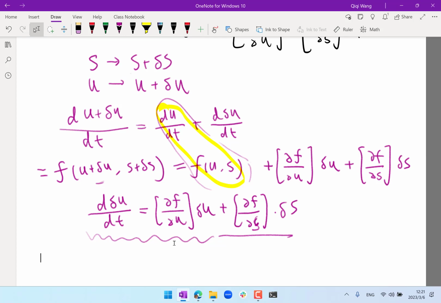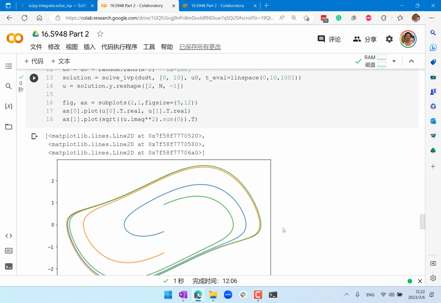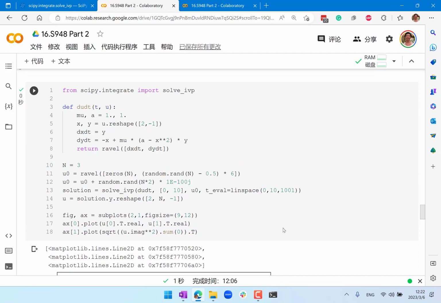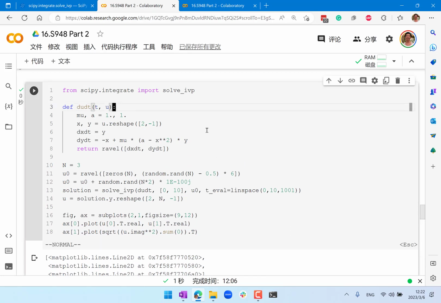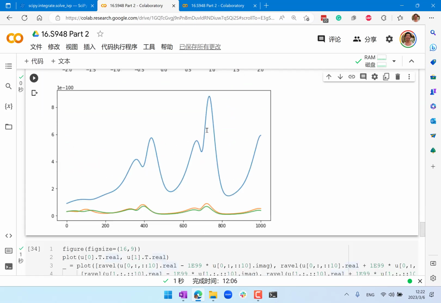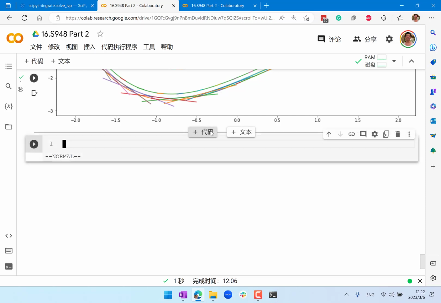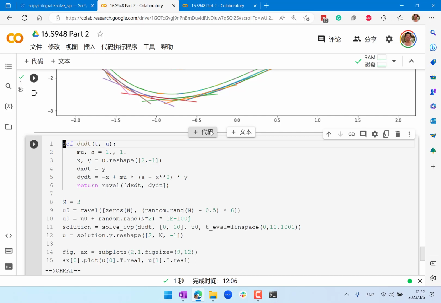Okay, so let's see this for the van der Pol oscillator. Let's actually define the van der Pol oscillator in a slightly different way, with mu and a.